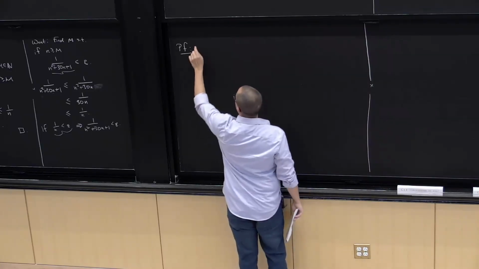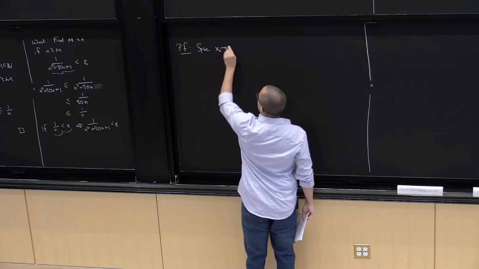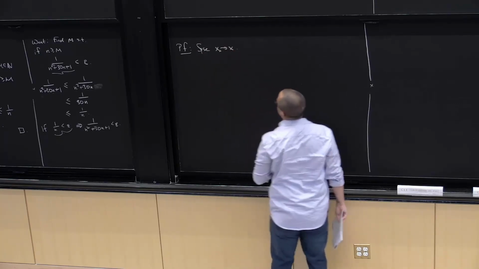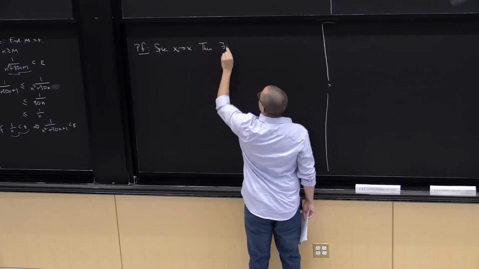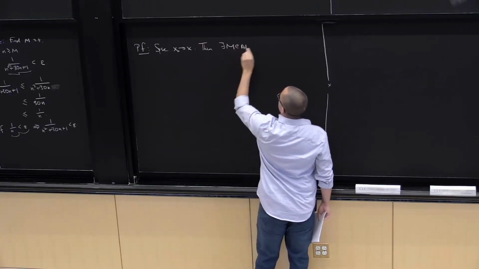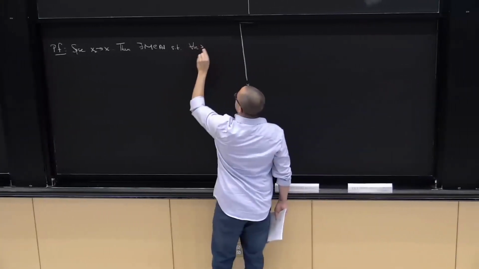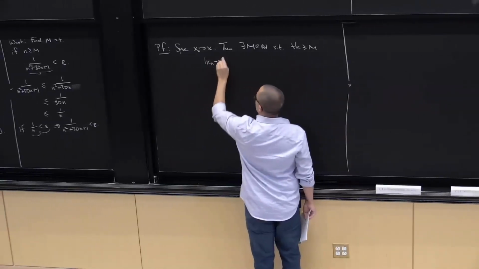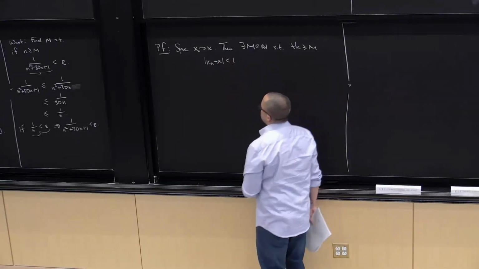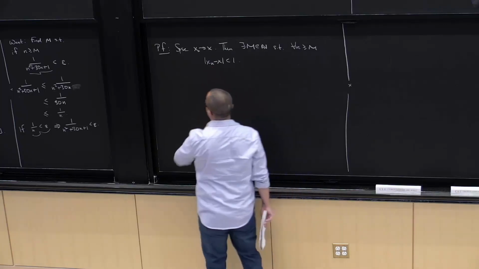So suppose x_n converges to x, that's our assumption. Then there exists a natural number M such that for all n bigger than or equal to capital M, |x_n - x| is less than 1, or x_n is within distance 1 of x.